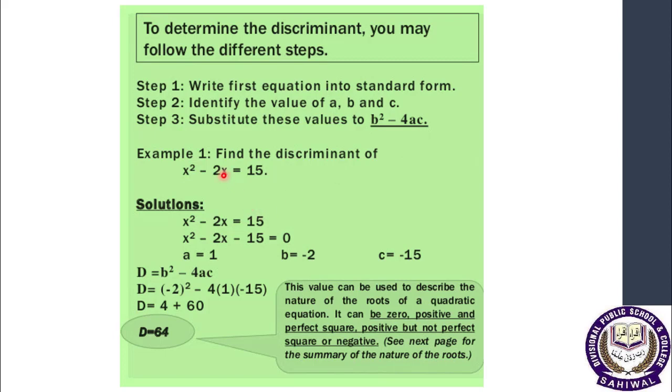For example, if we have the quadratic equation x square minus 2x equal to 15, first of all, we write the quadratic equation in standard form. After writing it in standard form, we identify the values of a, b and c. Then we put these values in the discriminant b square minus 4ac. As a result, we get D is equal to 64.